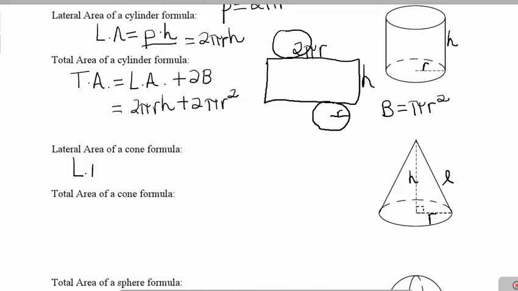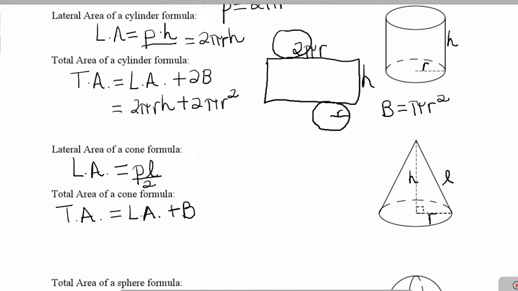Therefore, the lateral area formula is the same as that of a pyramid, which, recall, is equal to the perimeter of the base times the slant height divided by 2. Then to calculate the total area, we would take the lateral area and add the area of just one base, since a cone has only one base.